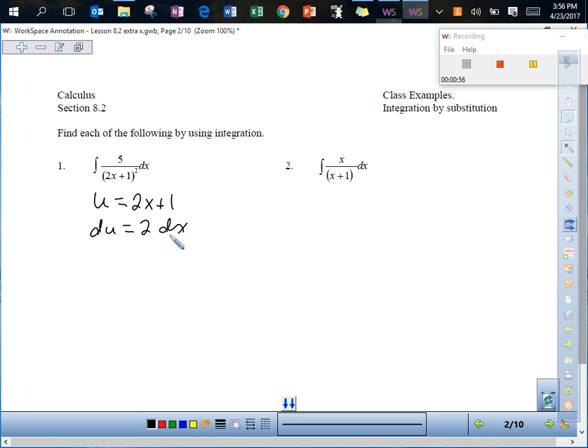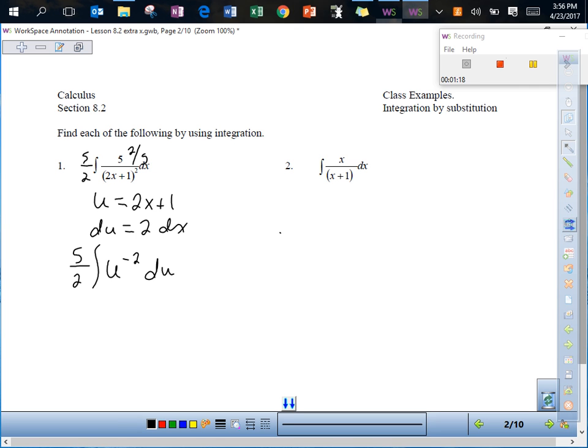And then I'm going to look at it and say, well, I need to see a 2 dx. And I would if I multiply by 2/5 and put a 5/2 out front. So then this becomes 5/2 antiderivative of u to the negative second, and then du. That 5 times 2/5 dx becomes my du.